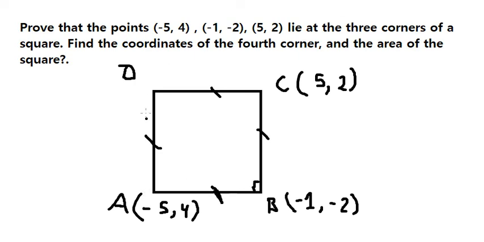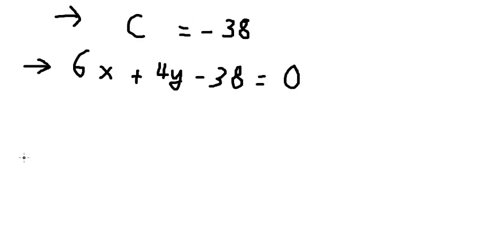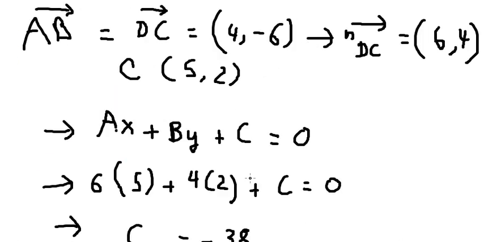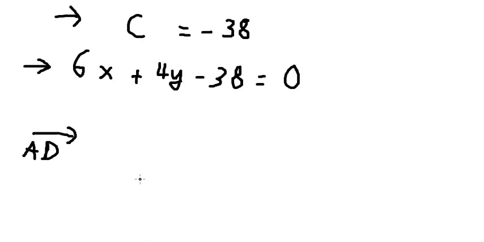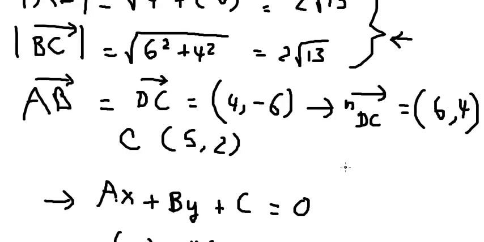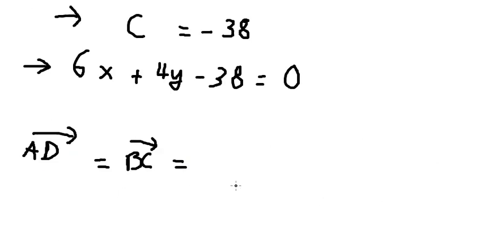Now we go to DA. DA is parallel to BC, so vector AD will be equal to vector BC because this is parallel. So that should be 6 and 4.